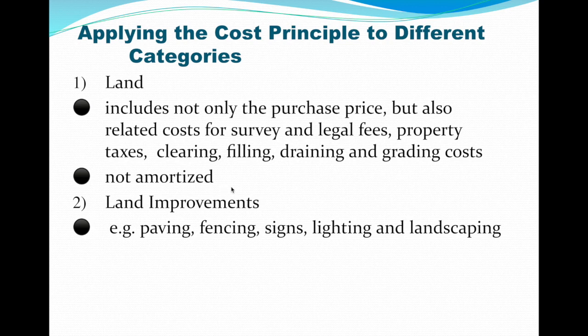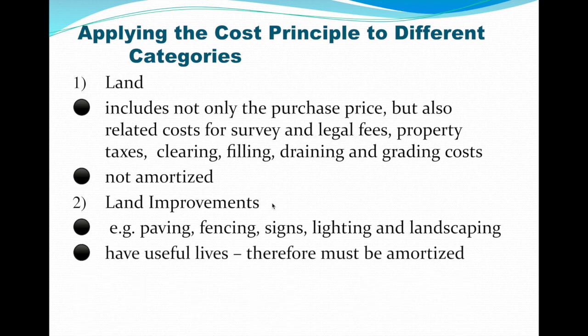Land improvements. So land has to be maintained over time. Nature is very perseverant, and it has a constant influence on anything that's built on it. And so land requires regular maintenance to take care of it and keep it in working condition. So things like paving, fencing, signs, lighting, landscaping, these have useful lives and therefore must be amortized.